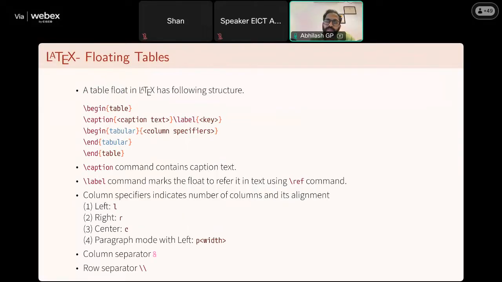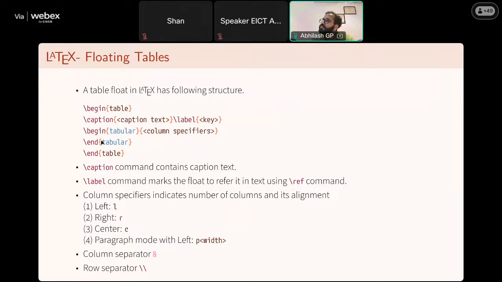Now we are moving to the floats, the second type of floats, that is tables. In a research article, sometimes you need to add some data, like yearly data or census data. So you need to add tables with rows and columns. For that coding, you need to add begin table.